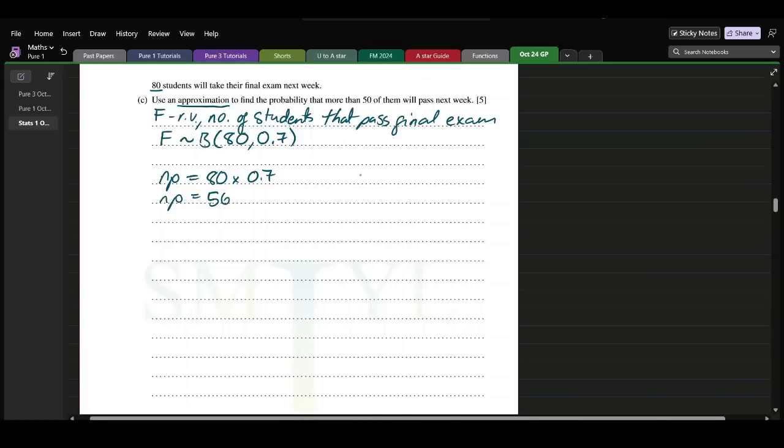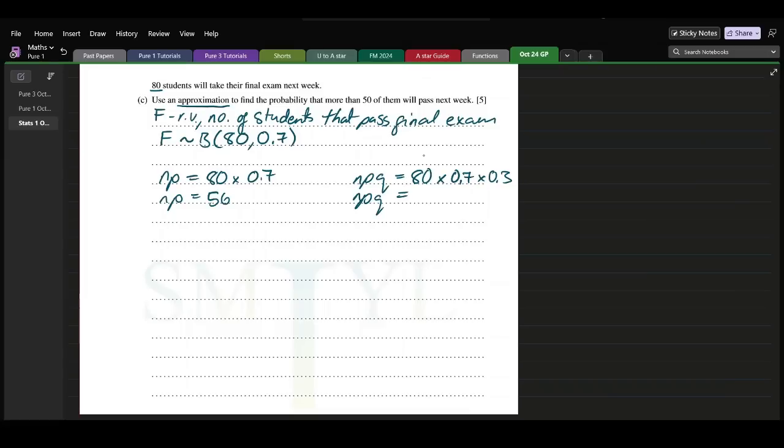And then we also have to evaluate NPQ, which is 80 times 0.7 times 0.3, and that gives us 16.8.